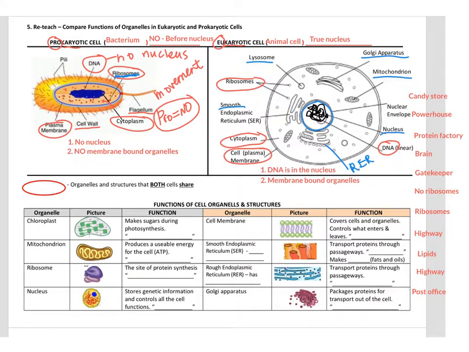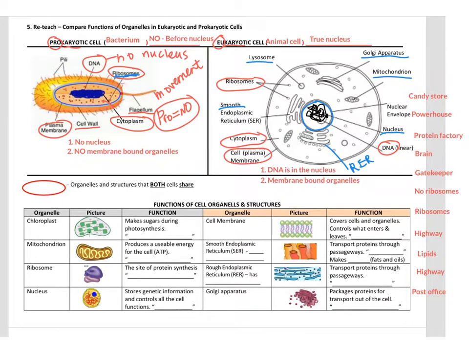Now it's time for us to review the functions of the organelles, and we're going to start with the chloroplasts. Chloroplast is a green structure that has a green pigment that is called chlorophyll. Chlorophyll absorbs sunlight energy during photosynthesis, and the major product of photosynthesis is sugar, which is called glucose, and glucose is food.